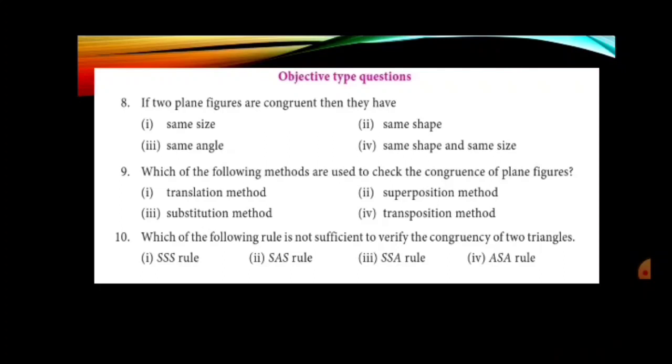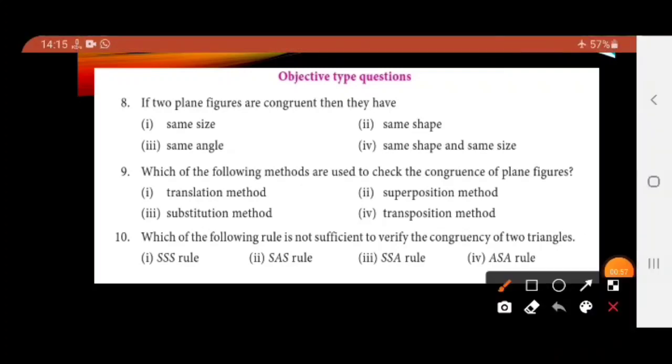In that video I explained the conditions for congruency. The first option they have given is same size, second option same shape, third option same angle and fourth option same shape and same size. So we learned that the answer is same shape and same size.